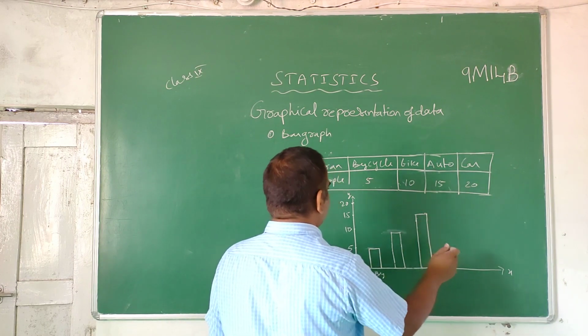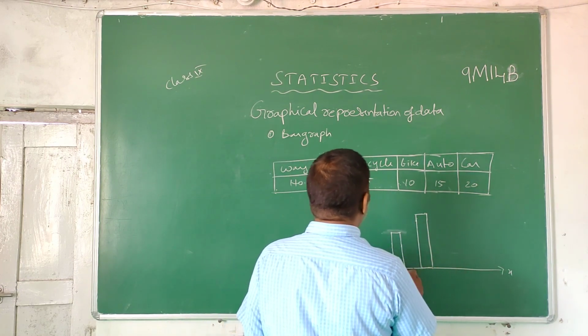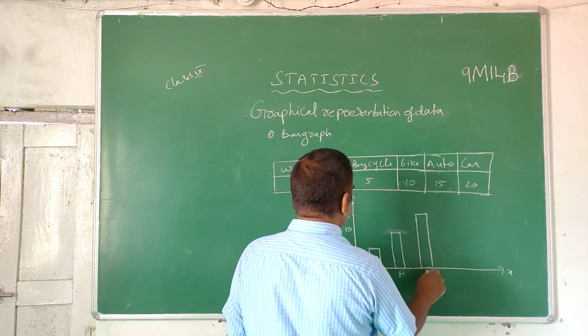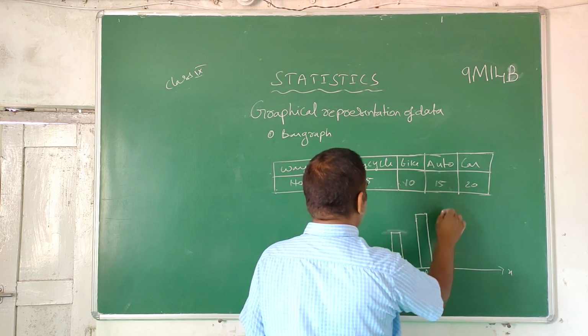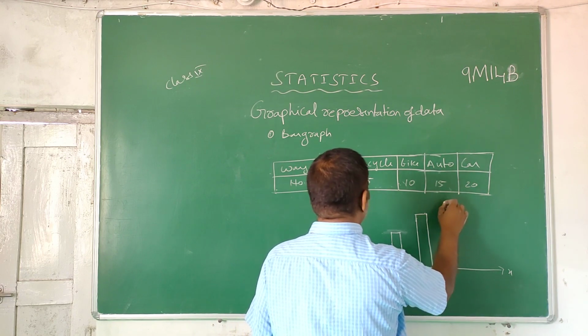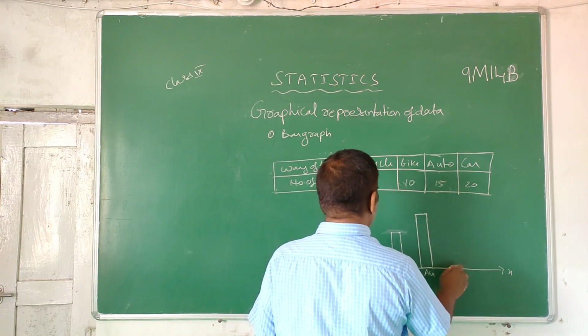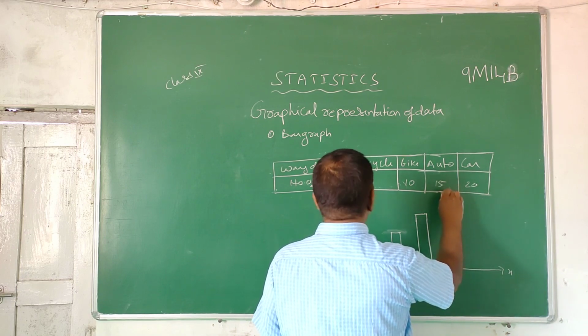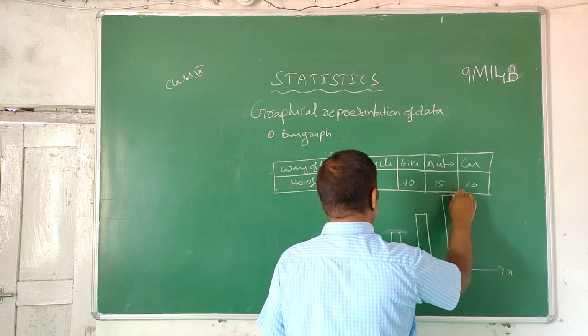And finally car, used by 20 people, so maintain uniform gap and width, go up to 20.